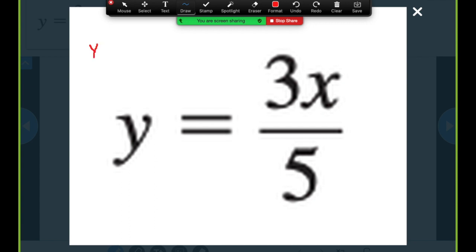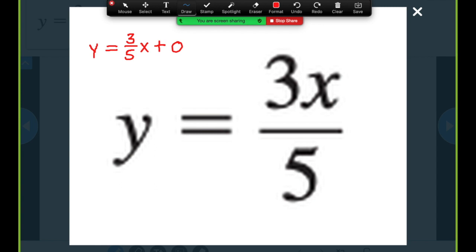What if I wrote down y equals 3 over 5 times x? It's still the same and is equivalent to this image right here. I just wrote it a little bit differently. In addition to that, what I also can do here is add in that 0.